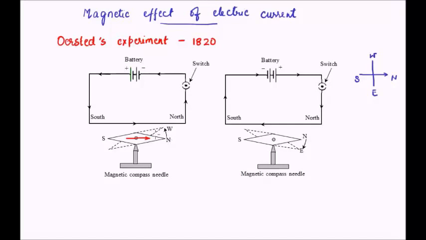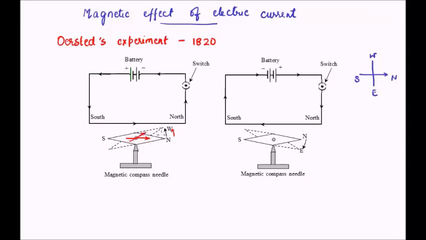But as a result of this passing current, what he observed was if the magnetic compass was placed below the wire, then the north of the needle started deflecting towards west. So instead of being absolutely south-north, it became something like this.